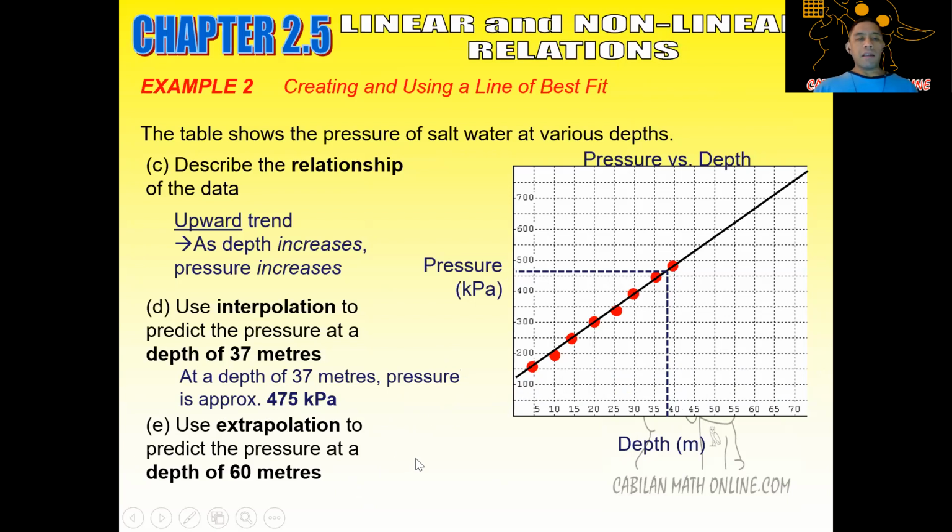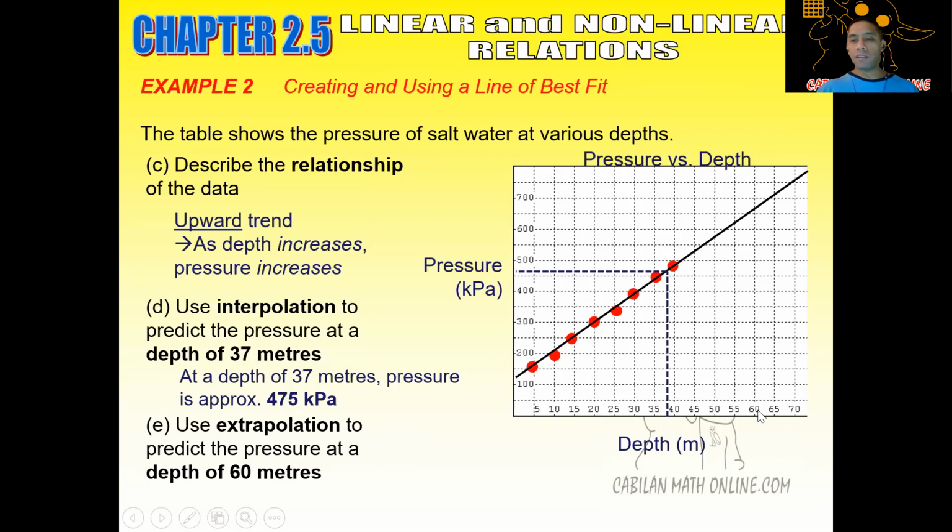All right, for part E, it says use extrapolation to predict the pressure at a depth of 60 meters. Now, recall that extrapolation is making a prediction beyond the set of data. So if you look at 60 meters over here, okay, notice that goes to a part of the graph that is beyond the points that are given.